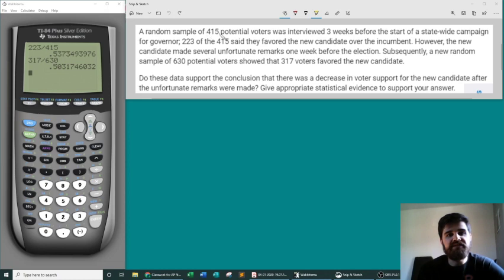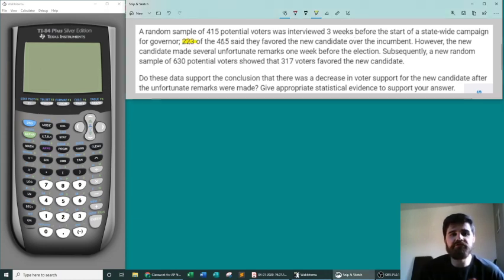We've got a sample of voters, so we're doing a race for new governor. In the first sample we send out, we interview 415 potential voters, and we get the data back, and we find out 223 out of the 415 said that they favor the new candidate over the incumbent. The incumbent is the person who's already there, already has that position.